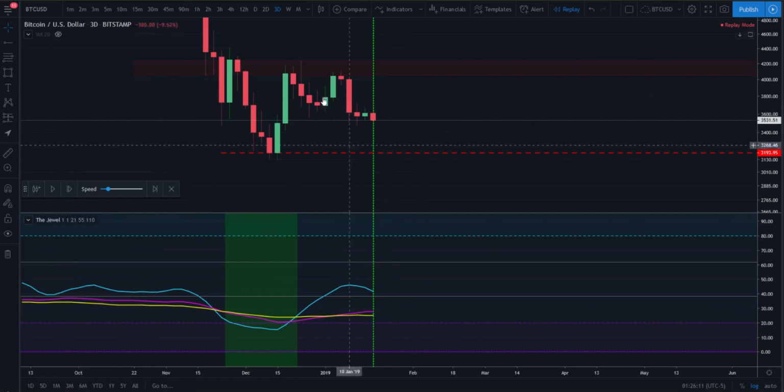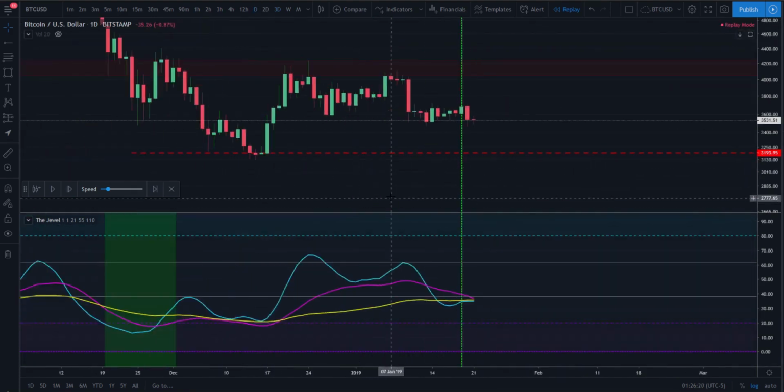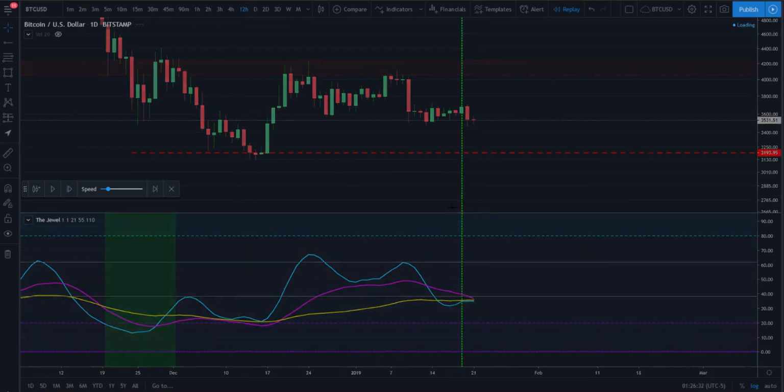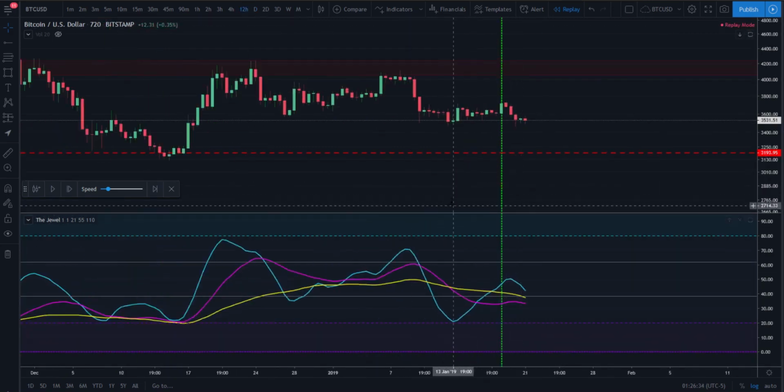So now that we are seeing this on a 3-day, now is the time to switch to a lower time frame. Let's switch to daily to start with. Daily is not giving us anything. On top of that, the curvatures of the blue, the yellow, and purple are still aiming down, so not that interesting. Not in confluence with what we want to see.